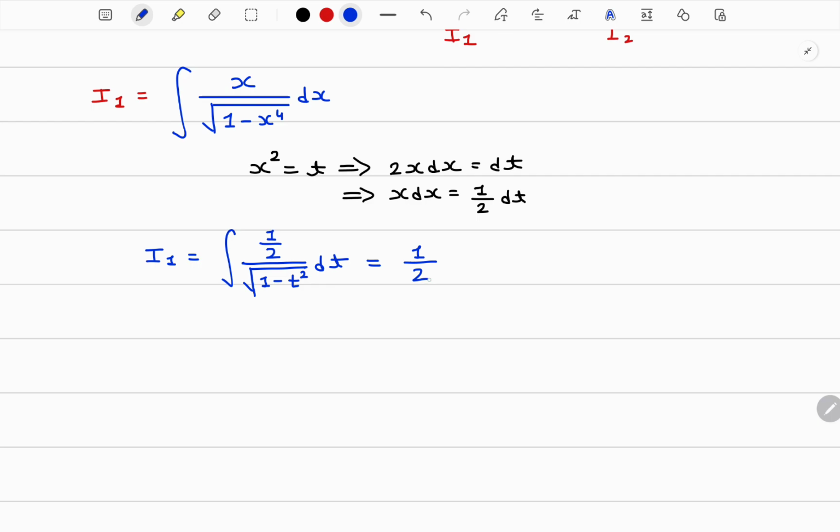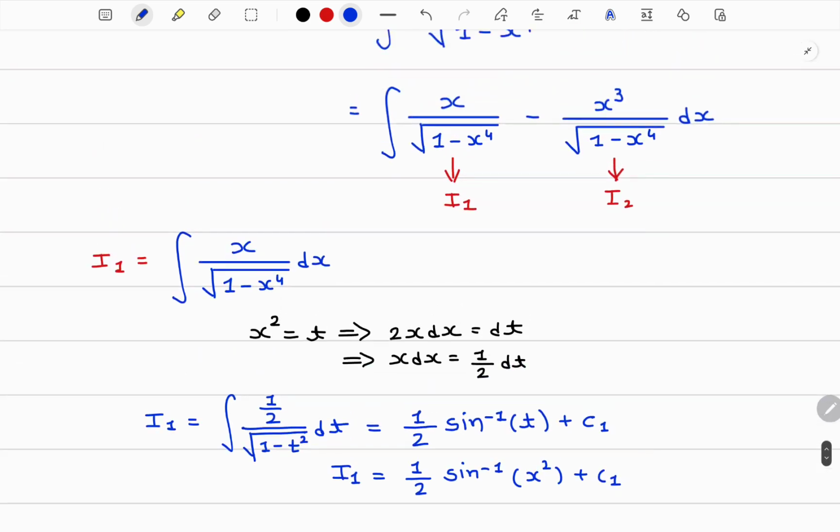So 1 by 2 and integration of 1 upon under root 1 minus t square is nothing but sine inverse. So this is nothing but sine inverse t plus c1. c1 एक्चुअली दो I1 I2 लिया तो मैंने यहाँ पर c1 अज्यूम कर लिया है, राइट? सो 1 by 2 साइन इनवर्स x स्क्वायर प्लस C1. So this is nothing but I1.